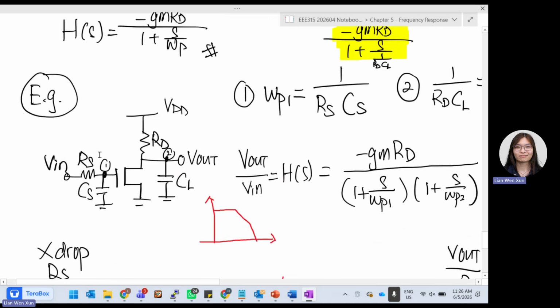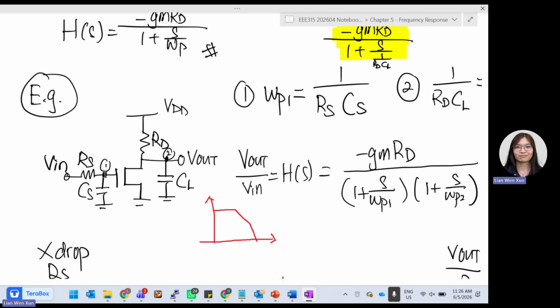We can examine slowly. So we look at port number one, node number one. From node number one, you need to see what resistors you can see. So I look at the left, I can see RS. Look at the right, the resistance to the gate is basically infinity, because you cannot put any electrons inside the gate, because they have the metal oxide over there.